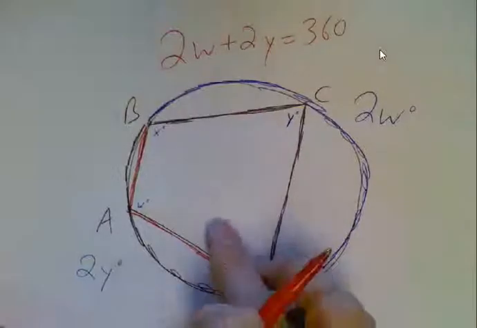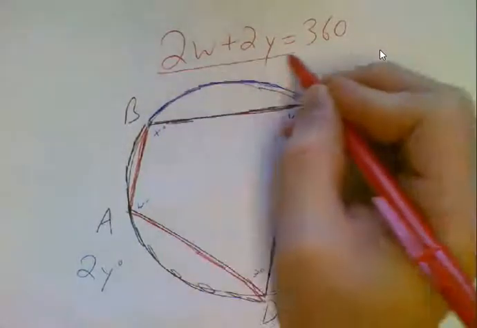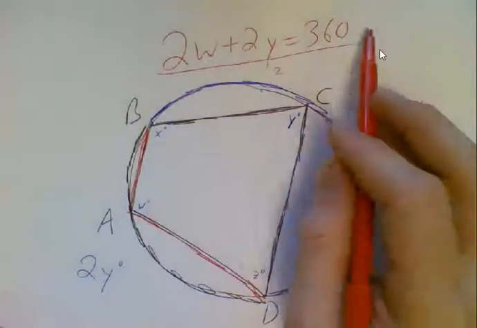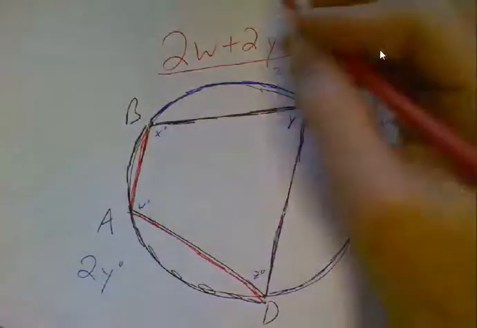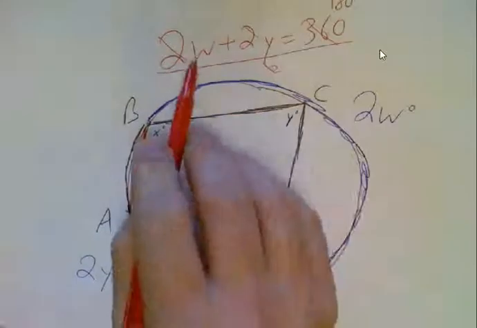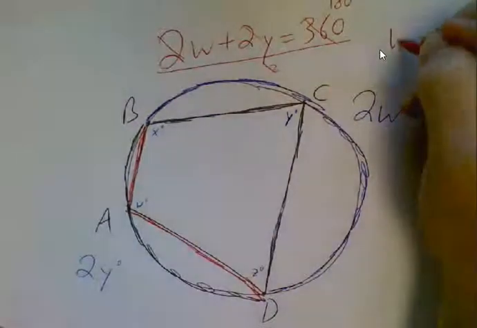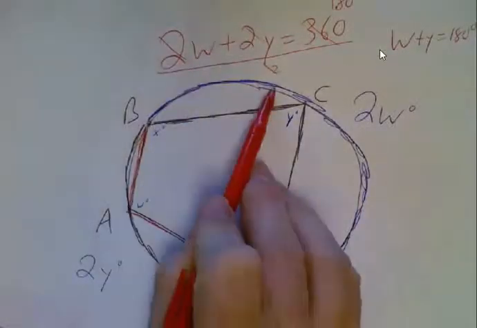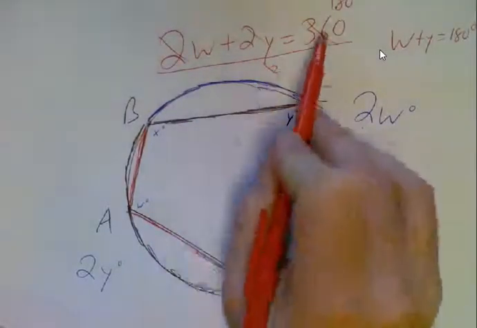A full circle is 360. Divide the whole thing by 2: divide the left side by 2, divide the right side by 2, and the 2's cancel, and you get 180. W plus Y equals 180 degrees. 2W divided by 2, 2Y divided by 2, 360 divided by 2.